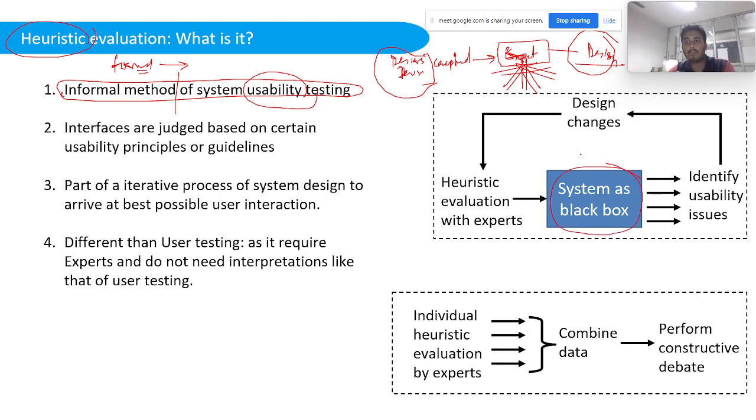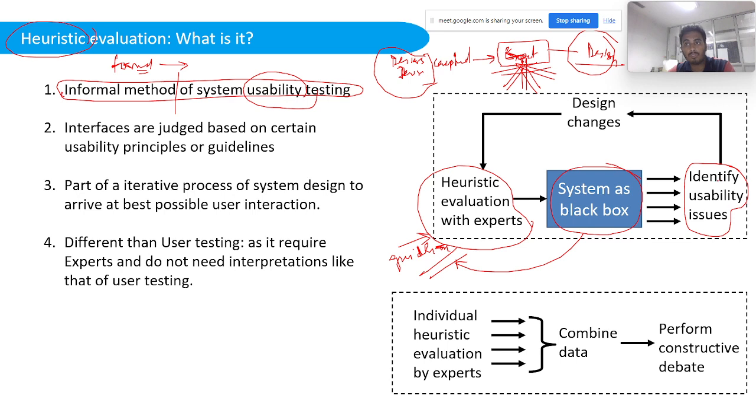So for the experts, the system is treated as a black box, and the experts perform heuristic evaluation based on certain guidelines. And as an outcome, if there are shortfalls against these guidelines, then the expert will identify those shortfalls as usability issues.